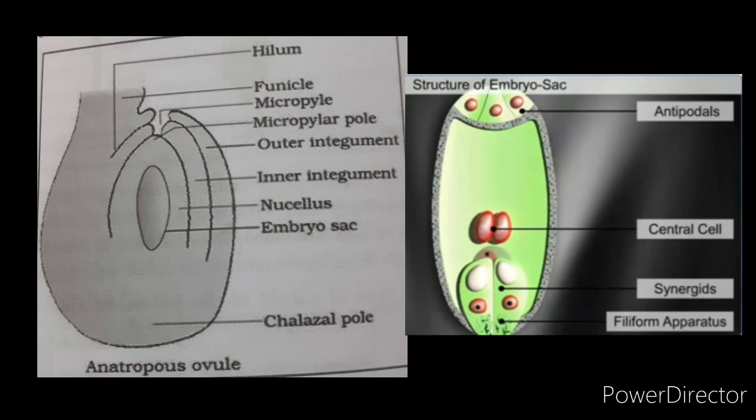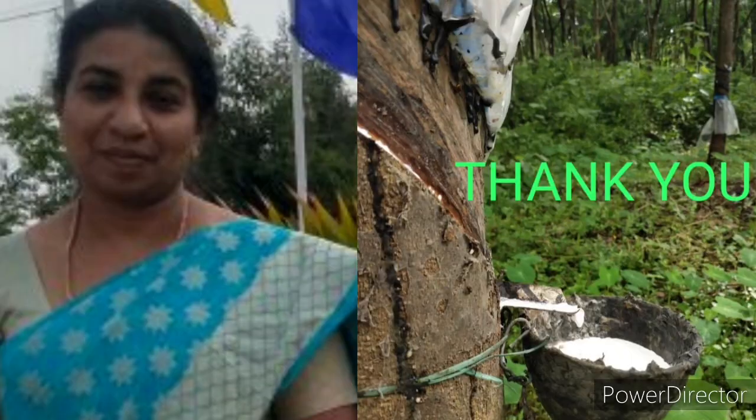First we should think about the structure of an ovule and megasporogenesis, then the arrangement of the egg apparatus. The angiosperm embryo sac contains 7 cells and 8 nuclei. Thank you.